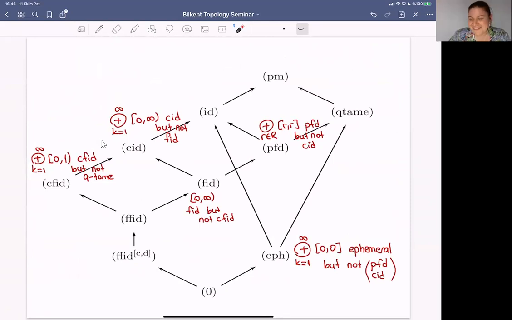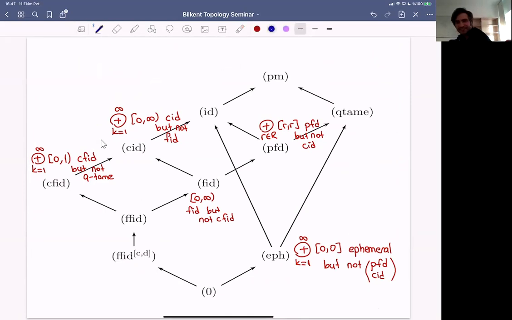Some of them have different properties: two of them are complete and some of them are not. We know that some of them are not equal. Okay, any other questions?